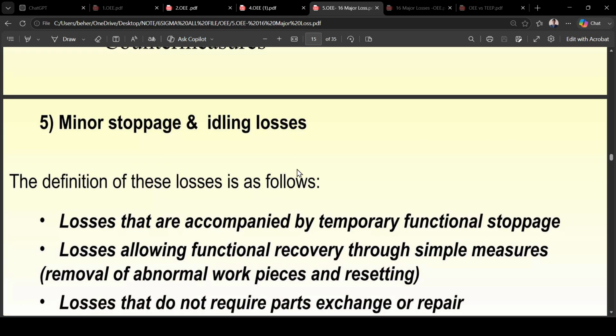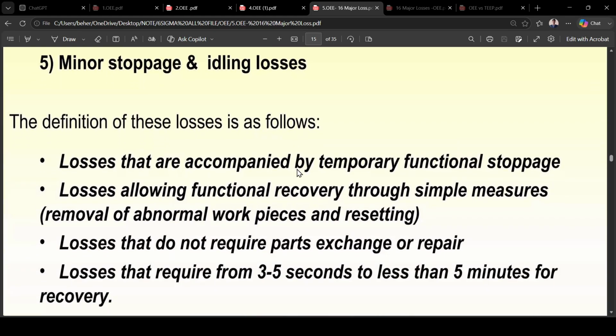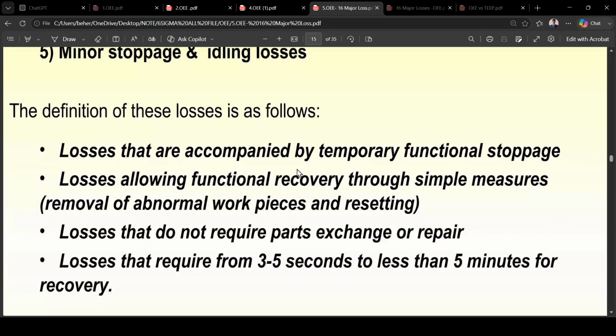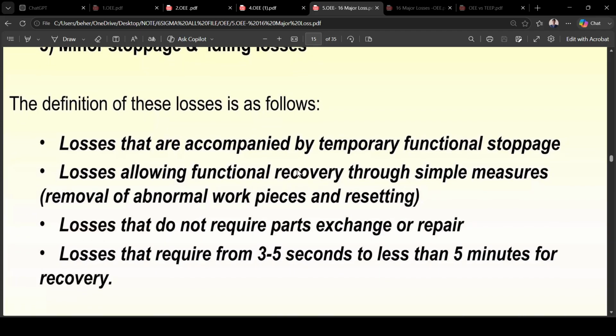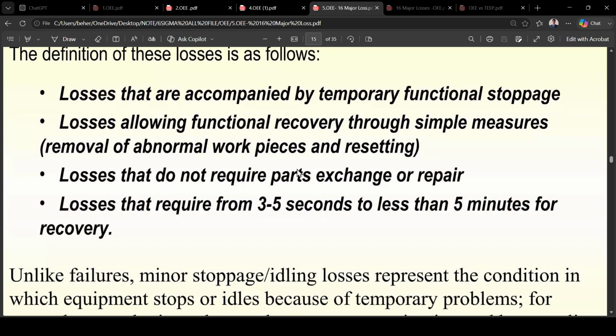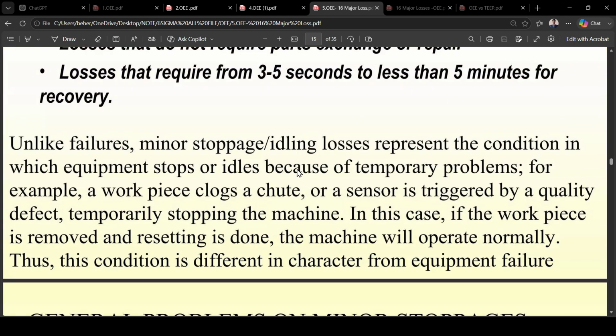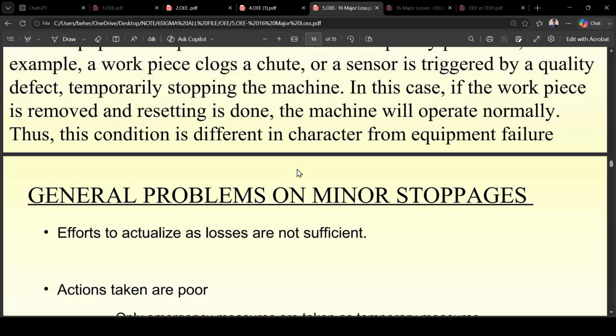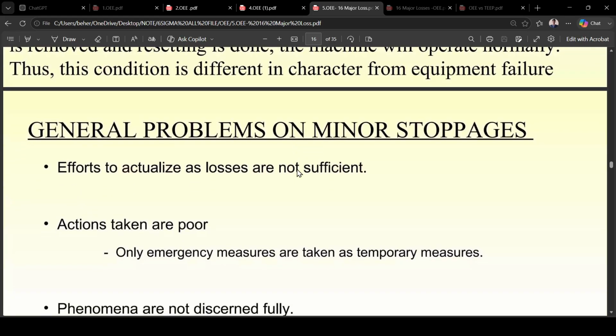Then another one is minor stoppage or idling losses. The definition of these losses is as follows: minor stoppage or idling losses, which generate problems of minor stoppages.